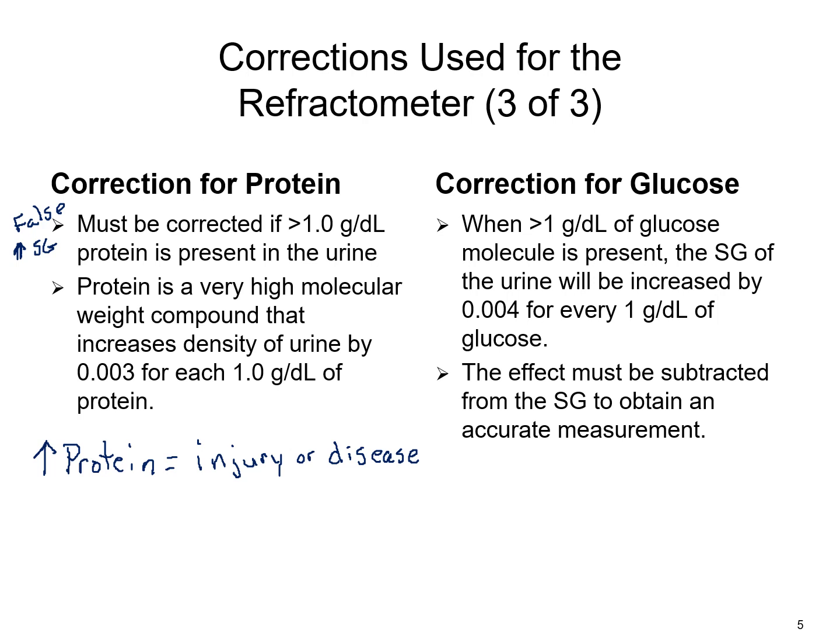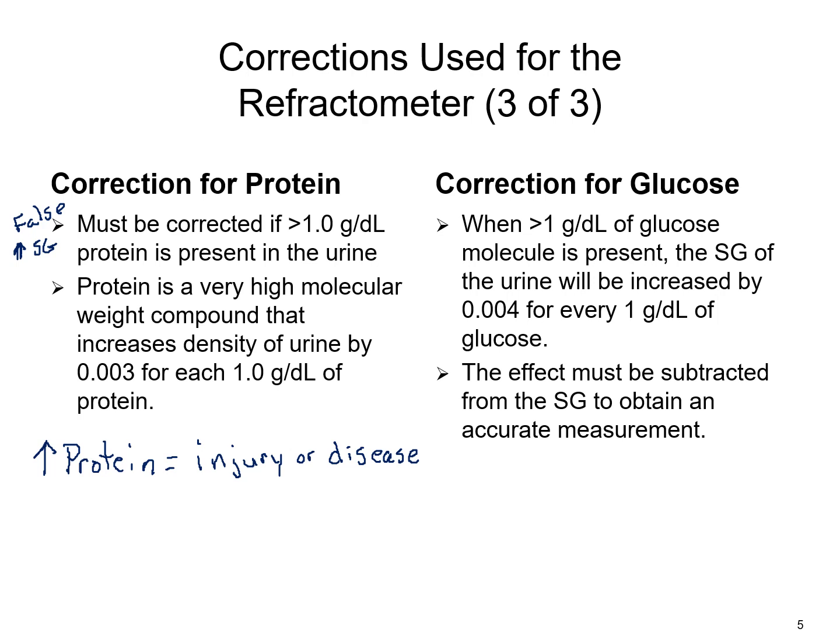So what you need to do is, if you have protein or glucose values that are greater than 1.0 grams per deciliter present inside of that urine, then you will need to account for that by doing corrections of that specific gravity.